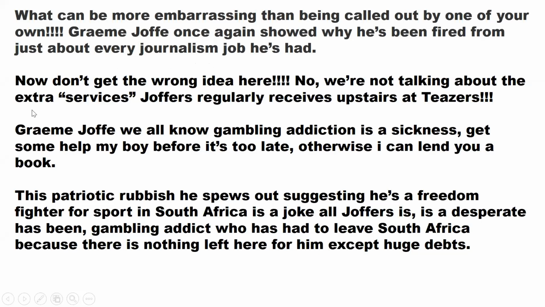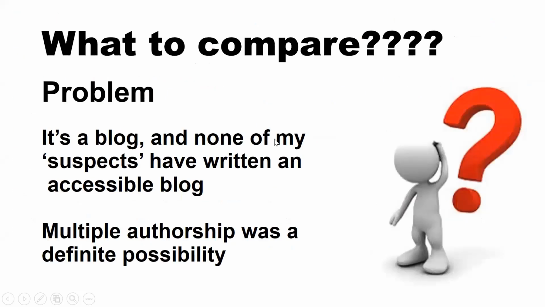And the thing is, we needed to find out who was responsible for this. I want to return to that in a moment. My problem was, this was a blog or a website, and now we had a few suspects. I asked Graham, and obviously he had a small list of people whom he suspected were behind this.